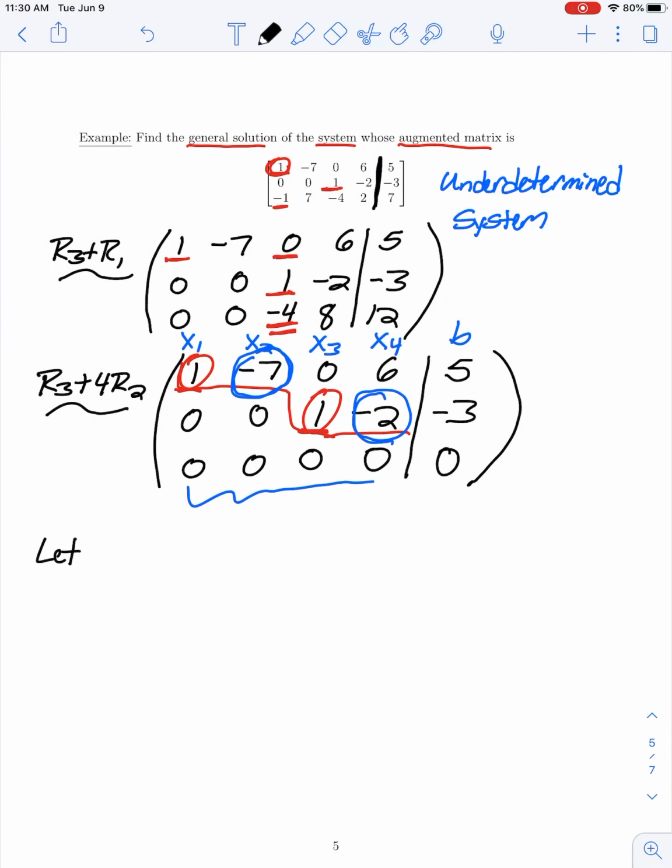So here, let us take x2 and x4 to be free variables. Or if we want to choose a specific value for each variable, we could maybe take x2 to be s and x4 to be t. But these are free variables. And we still need to solve for x1 and x3.